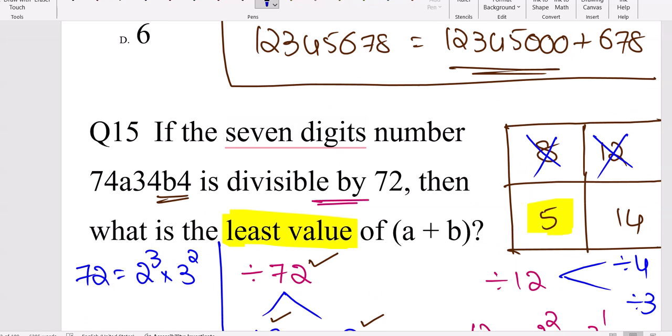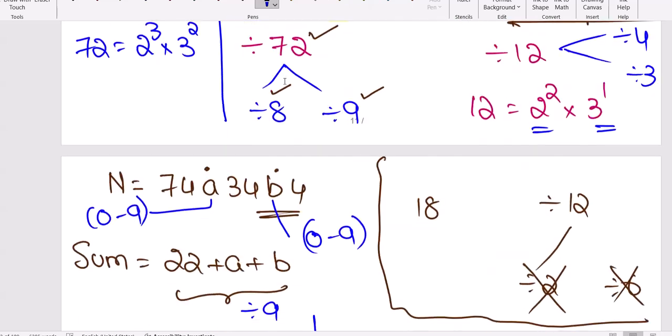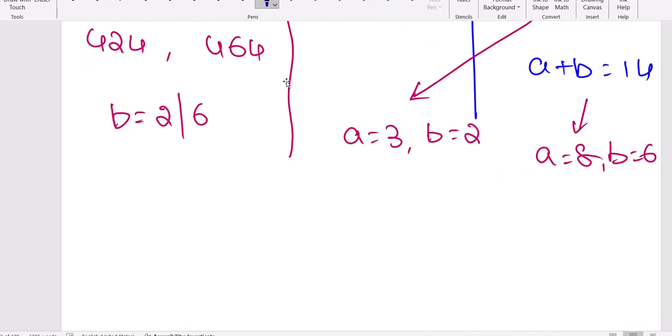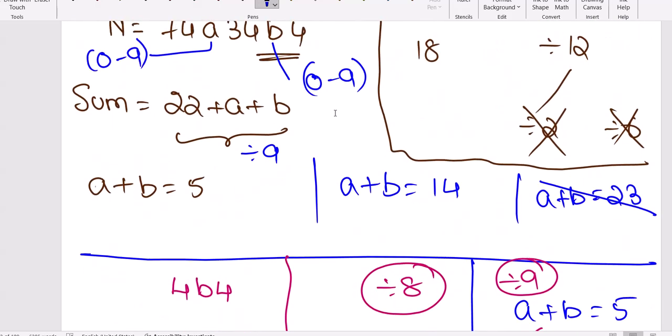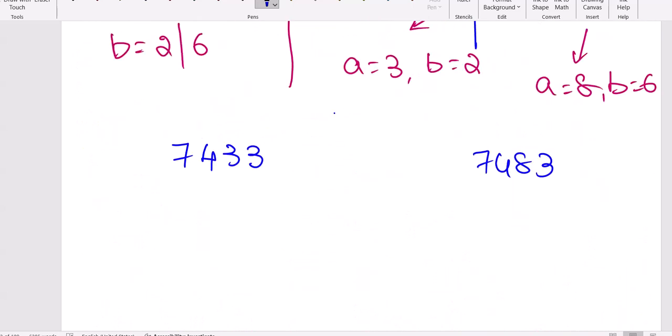And still if you have a doubt, you take your mobile and check it out. What is the number? 74A3. Instead of A, I'm taking 3 here, and instead of A, I'm taking 8 here. With 4B4, it is 424 here and 464 there. You check it out later. These are the two numbers satisfying divisibility by 72 with the given condition.